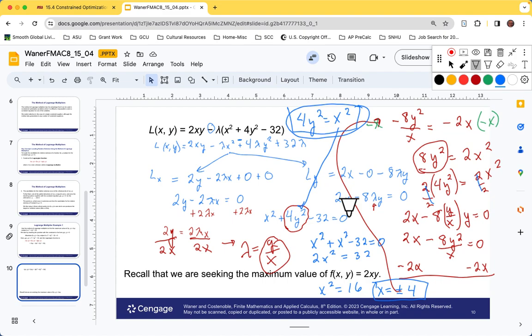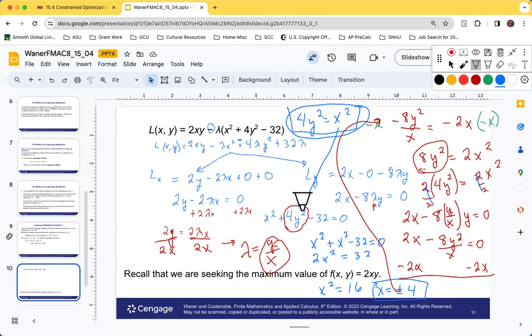Then the next step is to use this system, plug in for any of these other ones, probably down here, plug in for x, and then you could solve for y. I think you get 2 values for y as well, because of y squared, and then you get 4 particular points.